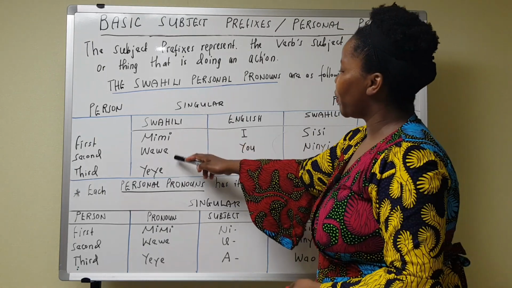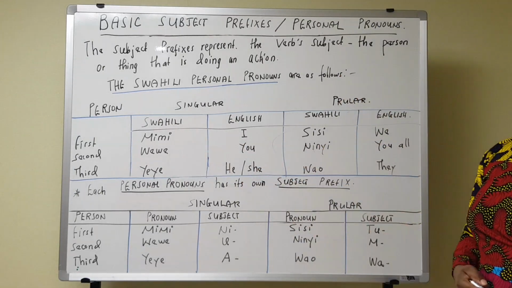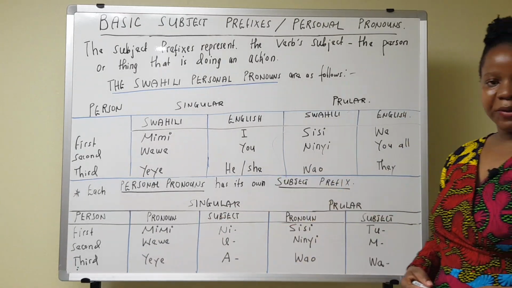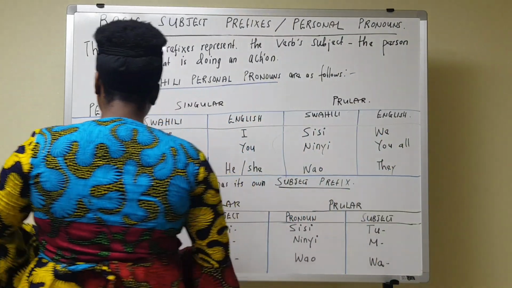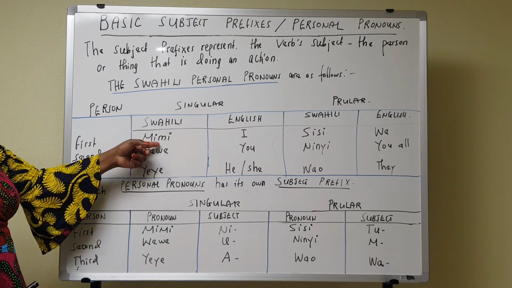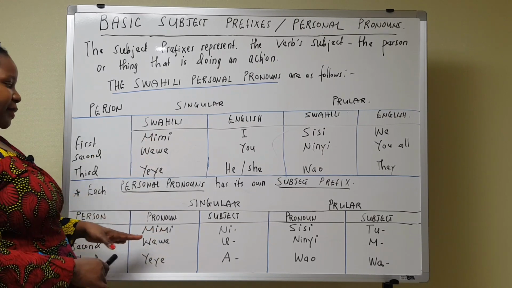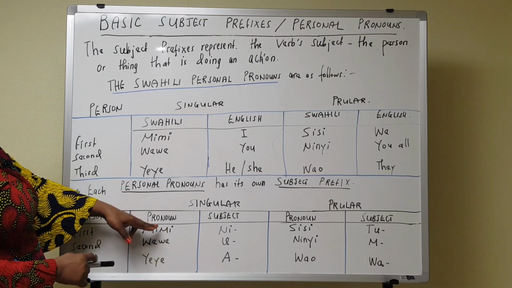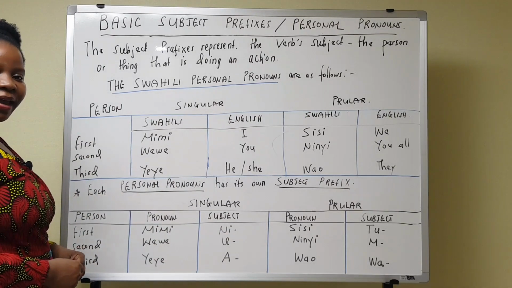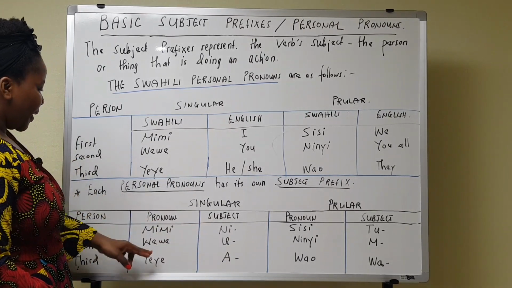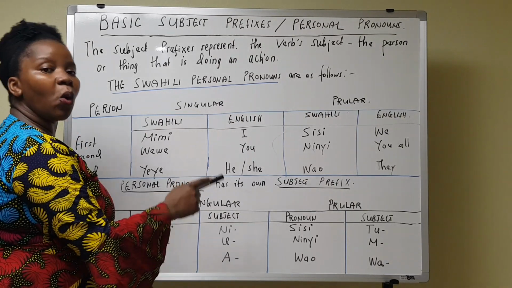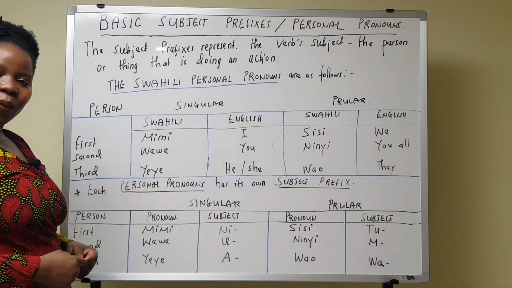So, each personal pronoun has its own subject prefix. So let's see the subject prefix of each personal pronoun, okay? The first person is Mimi, as we already saw here, but the subject prefix of personal pronoun Mimi is ni. Okay? And the subject prefix of personal pronoun Wewe is u.